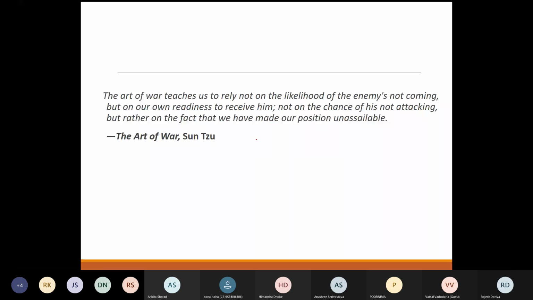That means if you want to secure yourself, you need to prepare yourself, assuming that things may attack you. You should not assume that you are totally secure and no one is going to attack you. So if you want to secure yourself, you have to be ready. This is what has been said in this particular quote.